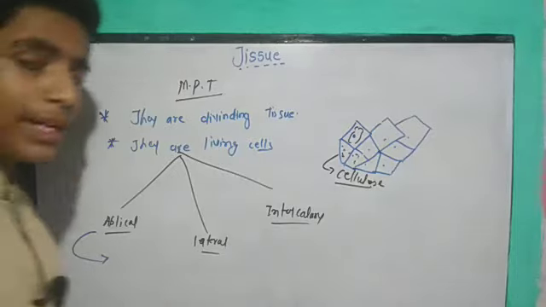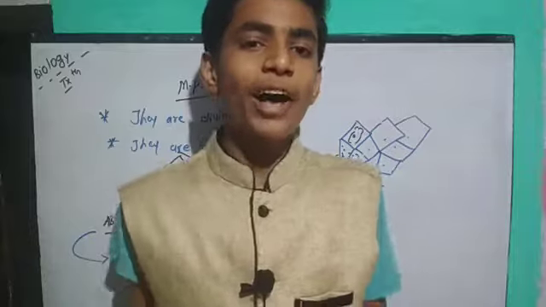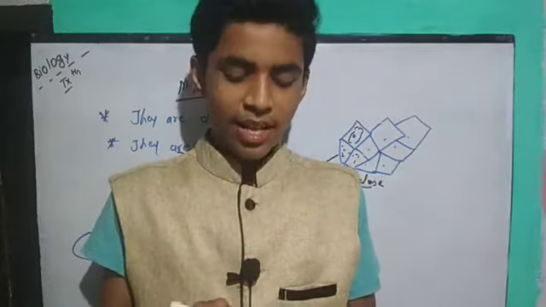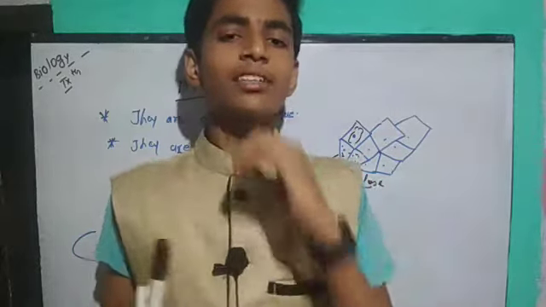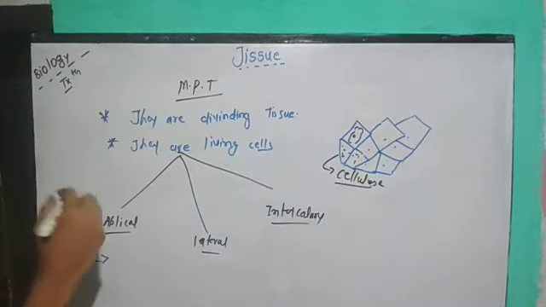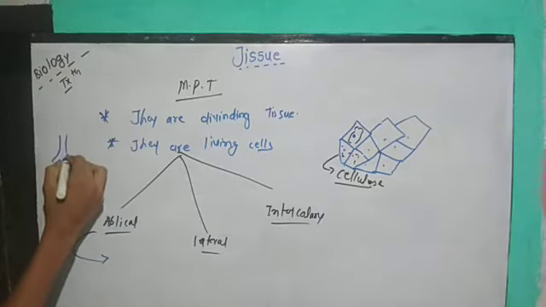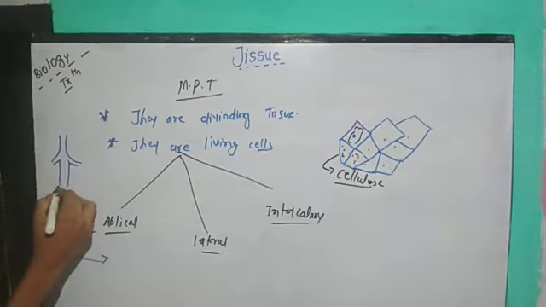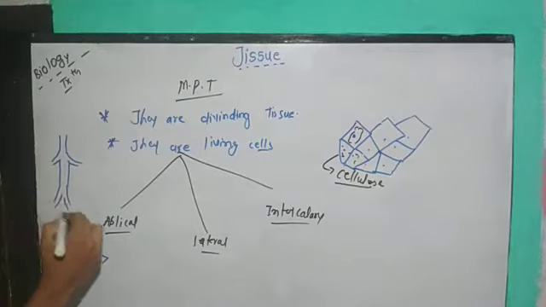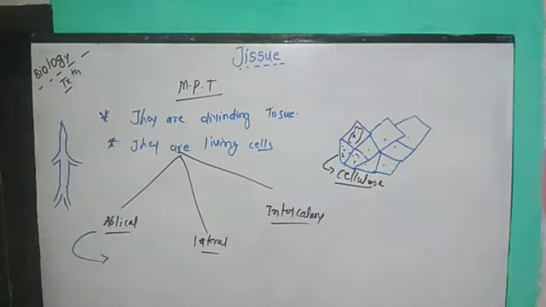Actually, apical meristematic tissues are present only on those points where we can see the root and shoot apex, means that they are mostly present on the tip of the plant. Suppose that this is a simple diagram or a simple structure of a plant.